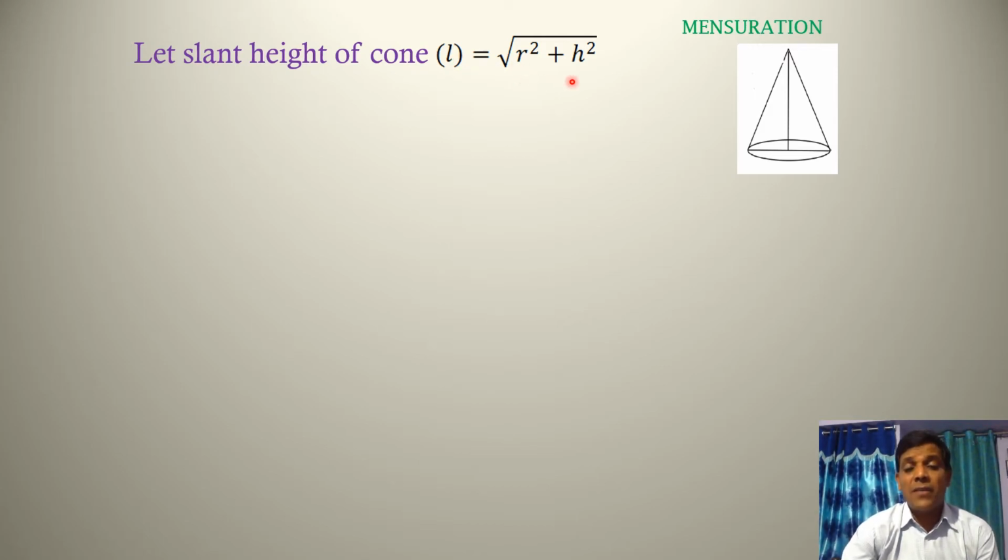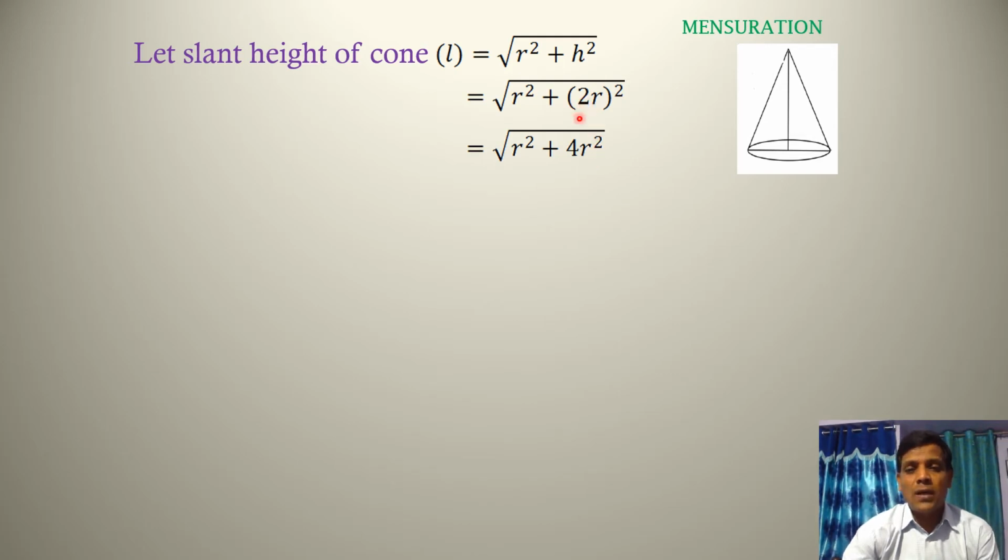Here h is equal to 2 into radius, so h square is 2r whole square, which is 4r square.